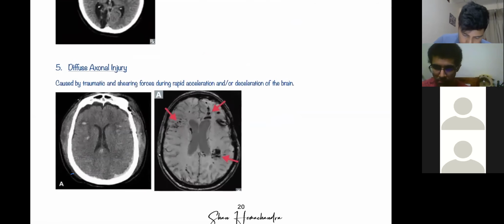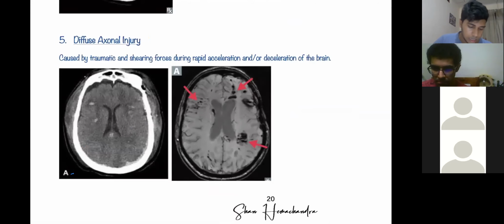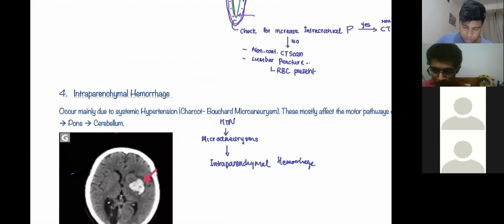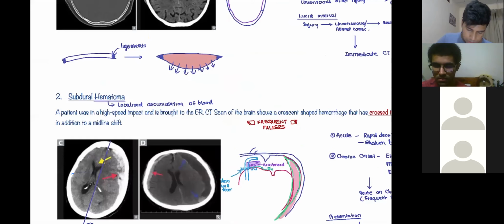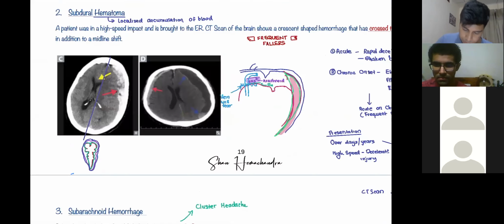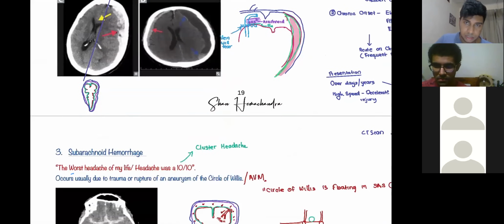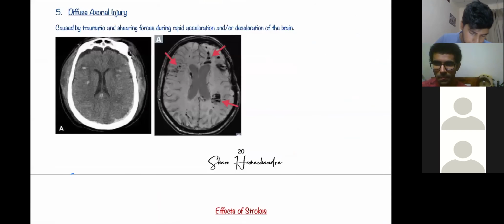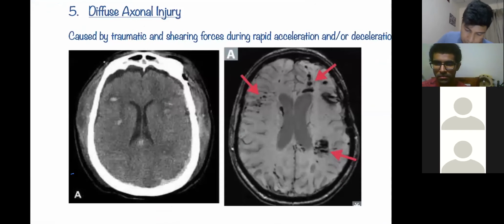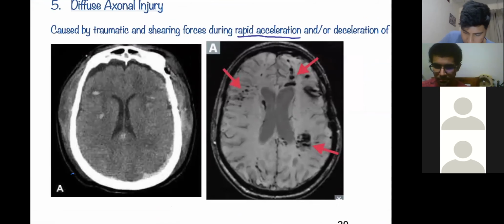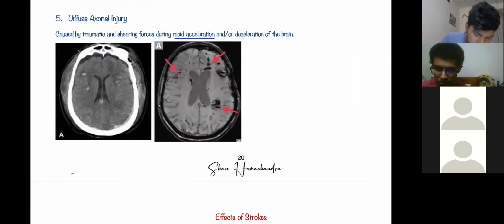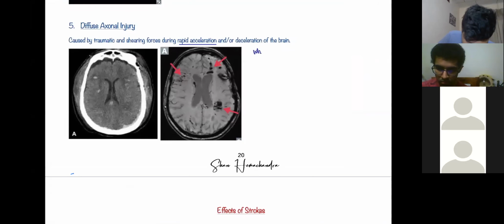We talked about what happens to the blood vessel here. We didn't talk about what happens to the white matter. During rapid acceleration or deceleration, there can be damage to the white matter, the axons.